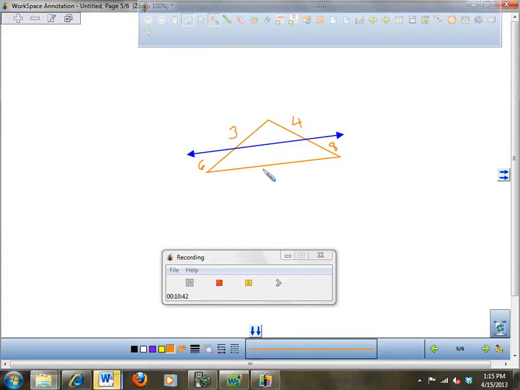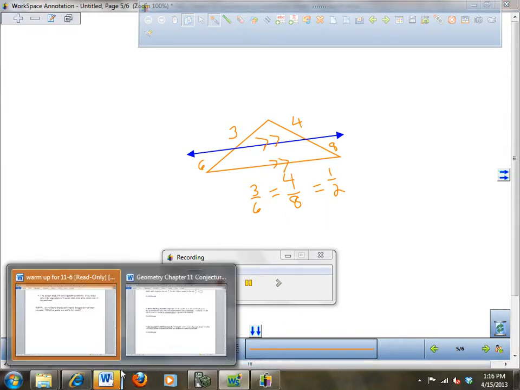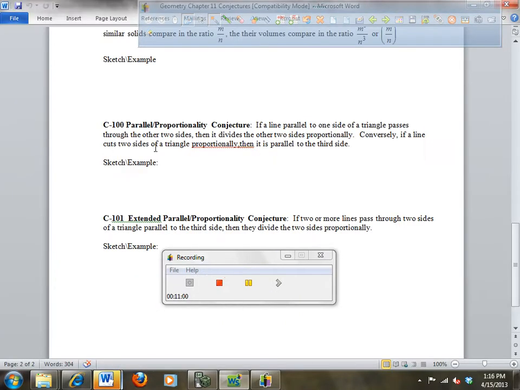Are these lines parallel? No. Are these lines parallel? Yes, because 3 is to 6 as 4 is to 8. It's equal to 1/2, right? 1 to 2. So that must mean that these sides are parallel. That's what this conjecture says.